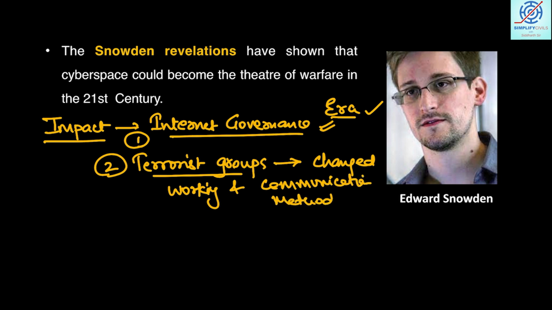This is basically not good, because if such surveillance was happening, many terrorist groups also understood it. For example, Al Qaeda understood that this was not the way to communicate, and because of these revelations they understood that there had to be some different ways.